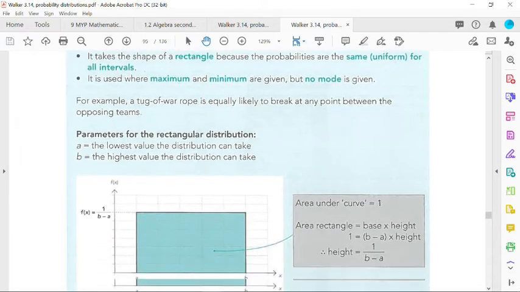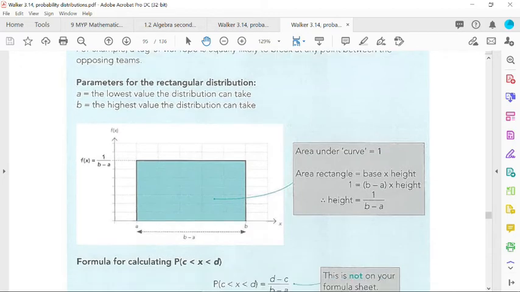So let's look at some of the parameters. We have A, which is one end of the rope. We have B, which is the other end of the rope. And how could I calculate the length of that? The distance between A and B. You betcha. And we always subtract the smaller one from the larger one, right?